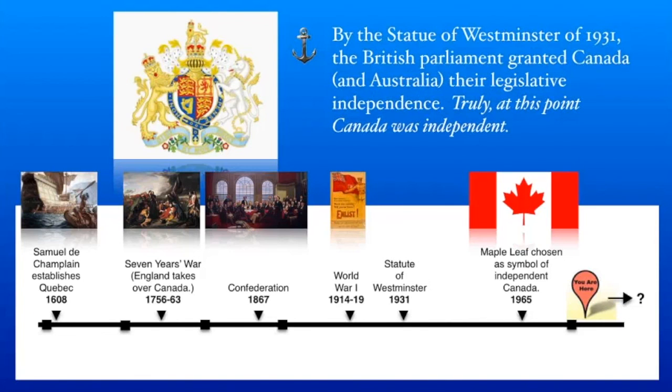Because before, if the British go to war, Canada goes to war. But as of 1931, no longer. Of course, how do we know? We look at World War II, and we see the outcome. Now, you may know Canada fought in World War II, as did America. Again, for different reasons, though.